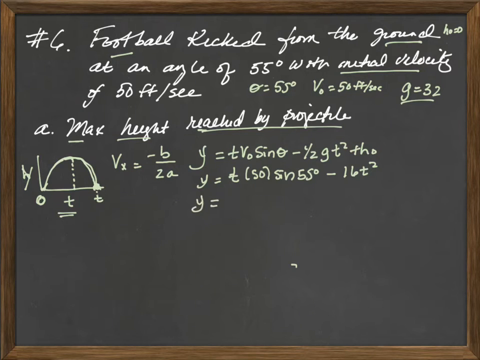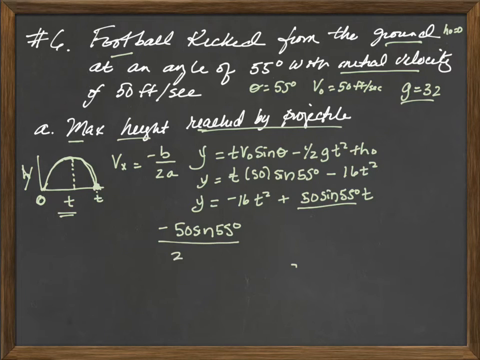Putting it in standard form, it's y equals negative 16 t squared plus 50 sine of 55 degrees t. And so now the opposite of b would be negative 50 sine 55 degrees over 2a, which is 2 times negative 16.